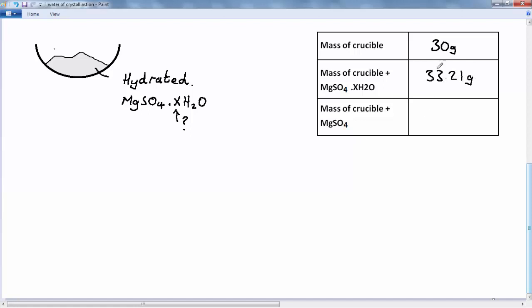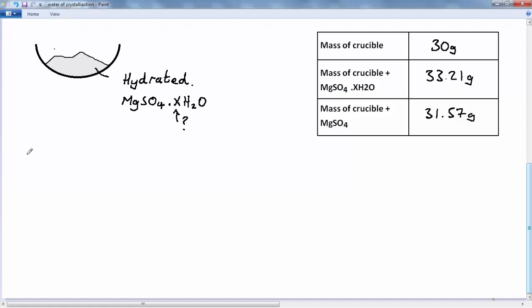And that the mass of the crucible plus the anhydrous magnesium sulfate, that's to say what we're doing is we're going to heat this hydrated magnesium sulfate, drive the water out of the crystal, and then measure its mass again, and we find that the mass of this is 31.57, and then we're going to use this information to find X. So the first thing we've got to do is find the mass of the hydrated magnesium sulfate.